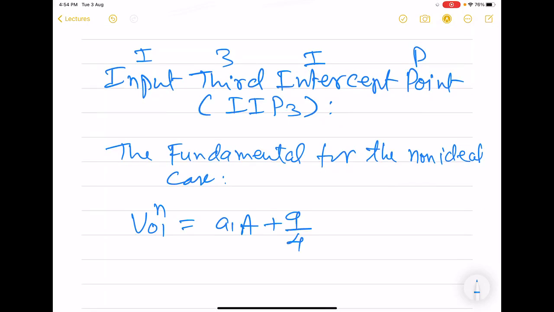If you carry out the detailed expansion of the expression and collect all the fundamental terms, this is what we will get.